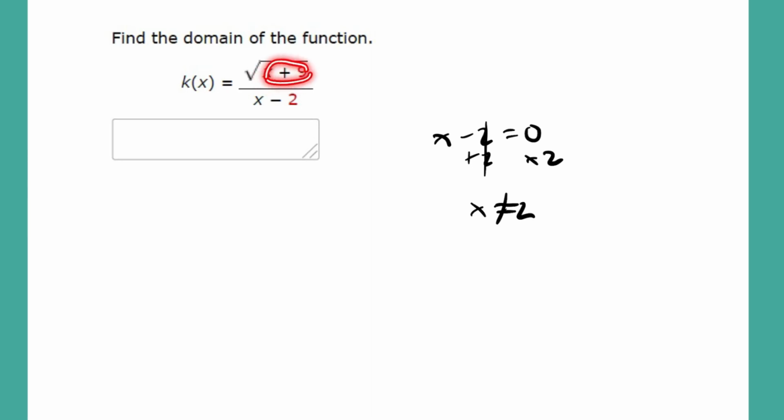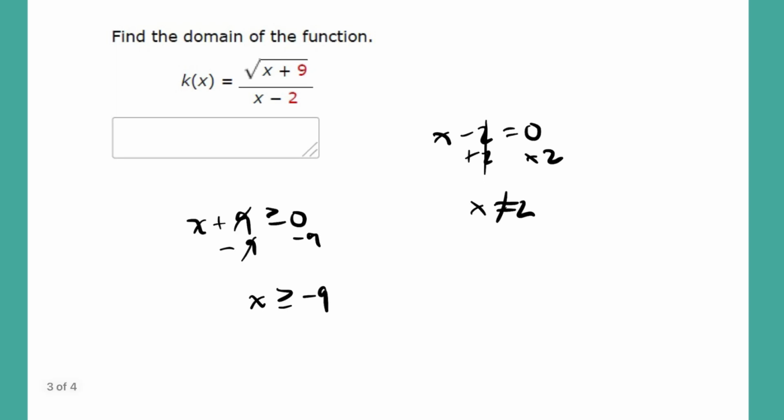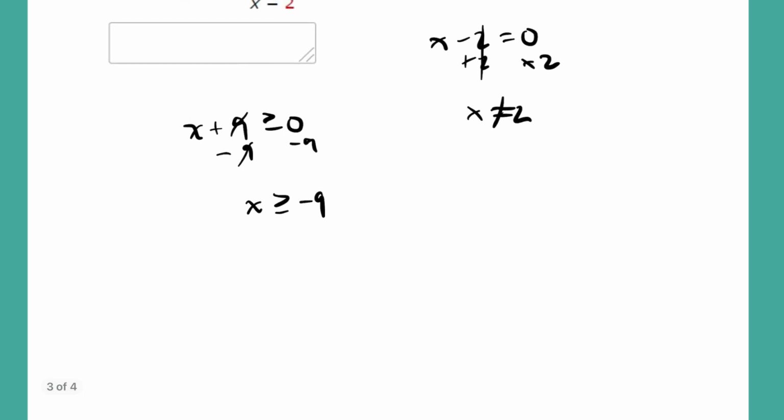You also need everything under a radical to be positive, so you have to set that greater than or equal to 0. And you will get negative 9.